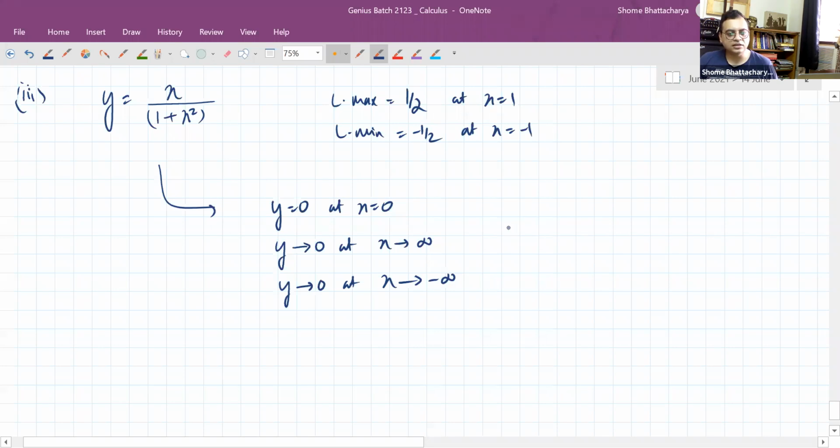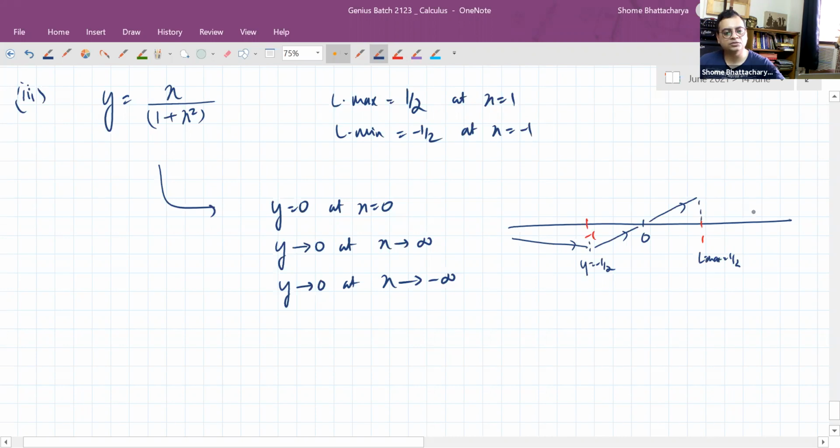Now if you try and think in terms of the number line, your critical points are -1 and 1. The function in this case is dipping, reaching a local minima of y equal to -half, and again rising to 0. Then it continues to rise beyond 0, reaching a local maxima equal to half.